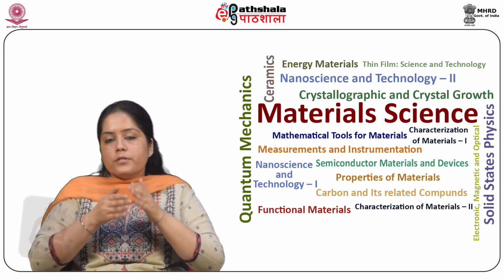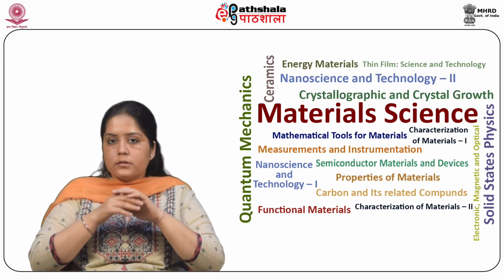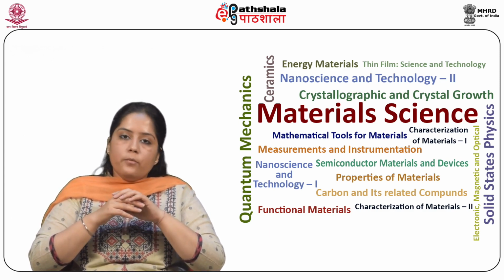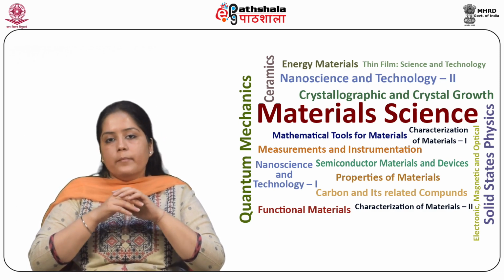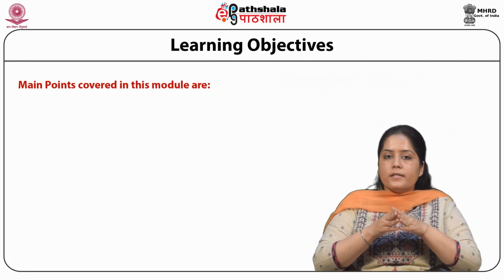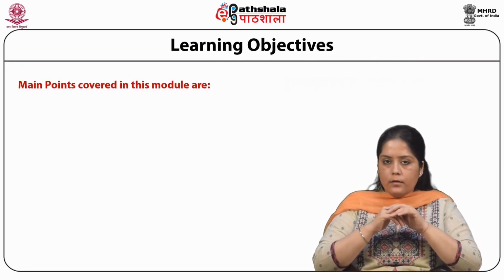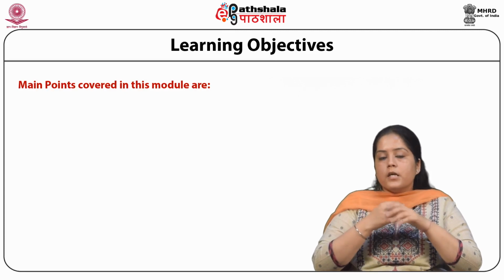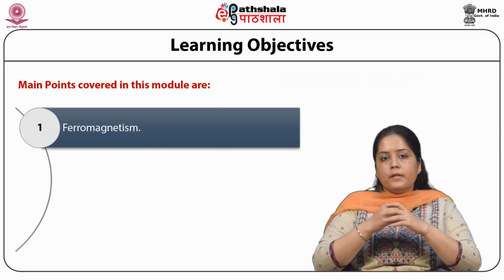Today we are going to discuss the module Ferromagnetism from the paper Functional Materials. The main points which will be covered in this module are: first, we will be discussing ferromagnetism.